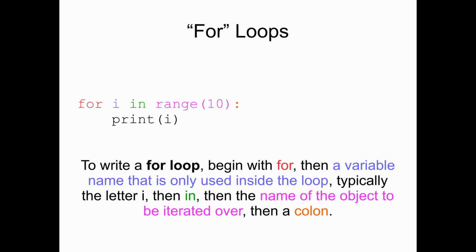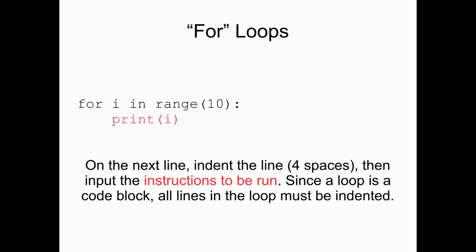To write a for loop, begin with for, then a variable name that is only used inside the loop, typically the letter i, then in, then the name of the object to be iterated over, then a colon. On the next line, indent the line, then input the instructions to be run. Since a loop is a code block, all lines in the loop must be indented.